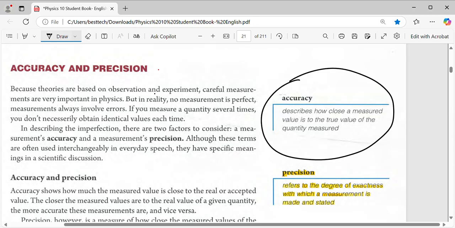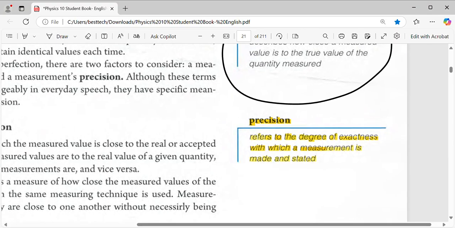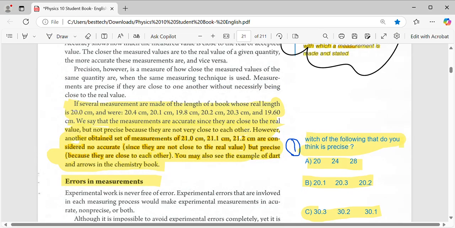So look, accuracy describes how close the measured value is to the original or the true one. The thing that you measure, is it close to the original or not? If it's close, it's accuracy. Otherwise, no. Okay, we have another thing called precision. Guys, read the definition. It's hard to understand, but I'm going to give you examples now, so it's easier to understand.